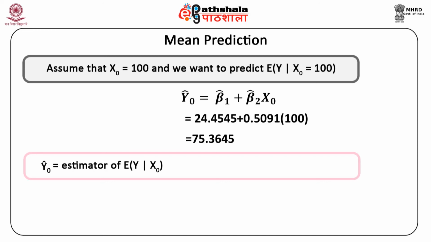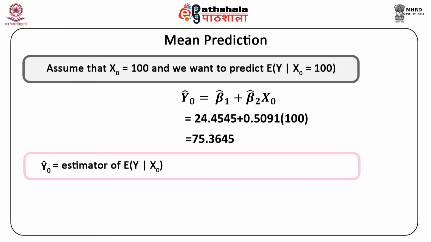Now since y0 hat is an estimator, it is likely to be different from its true value. The difference between the two values will give some idea about the prediction or forecast error. To assess this error, we need to find out the sampling distribution of y0 hat.